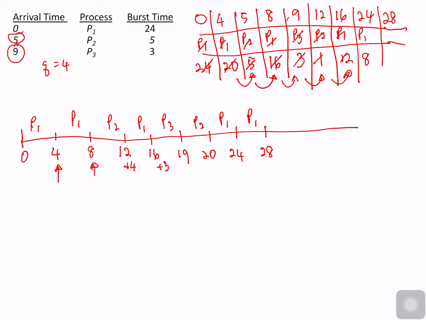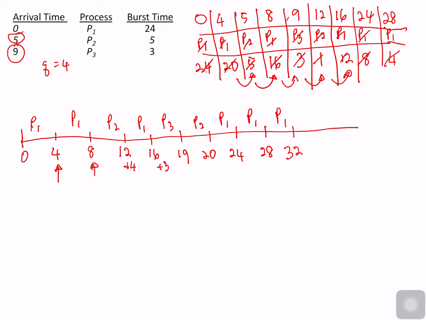At 28, the balance is 4. And finally, we have P1 again until it finishes execution at 32. So this is the Gantt chart for the round robin algorithm with different arrival times for the processes.